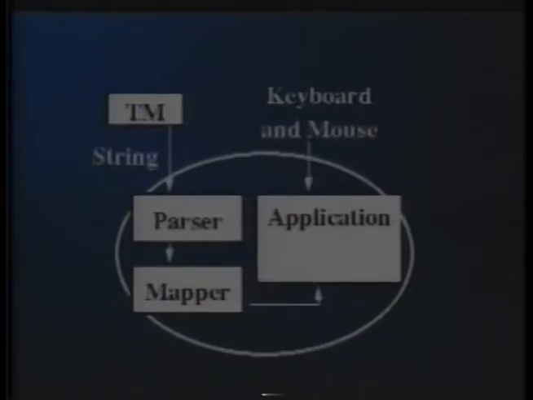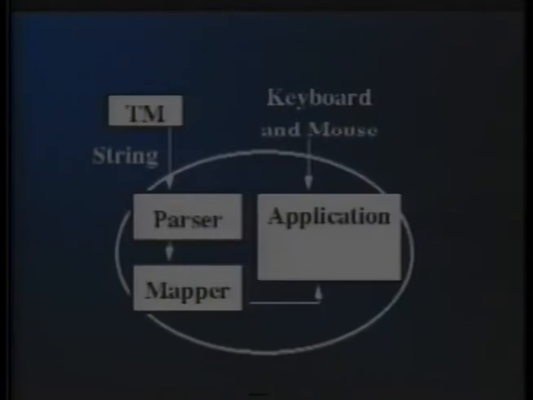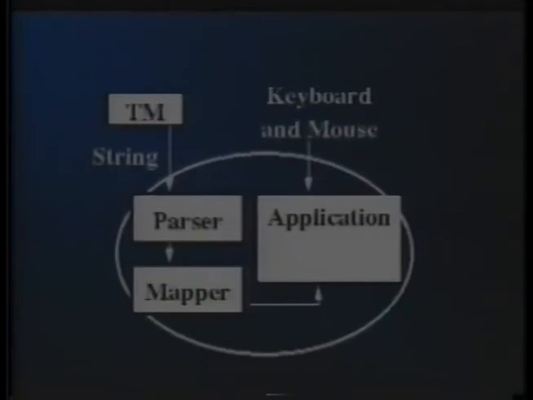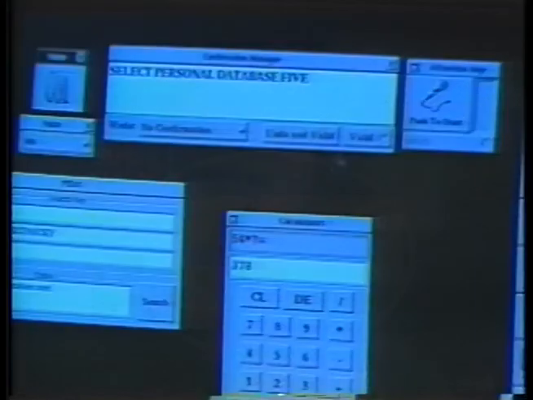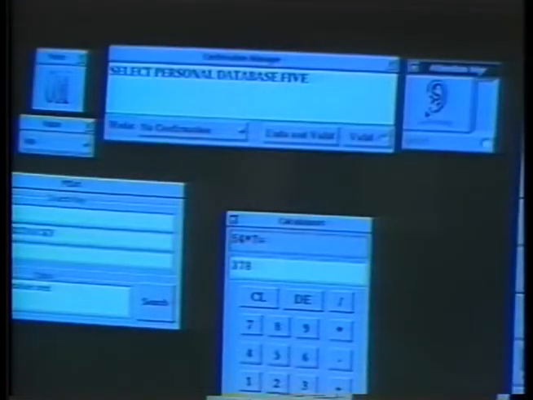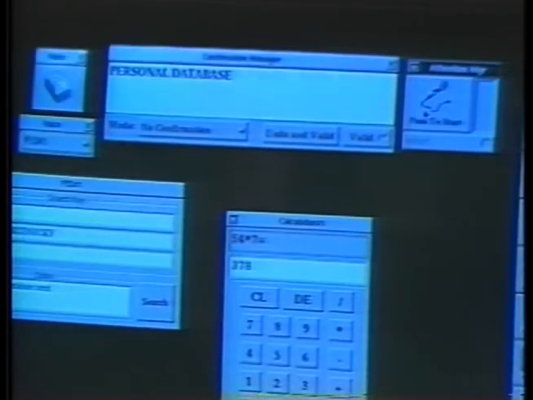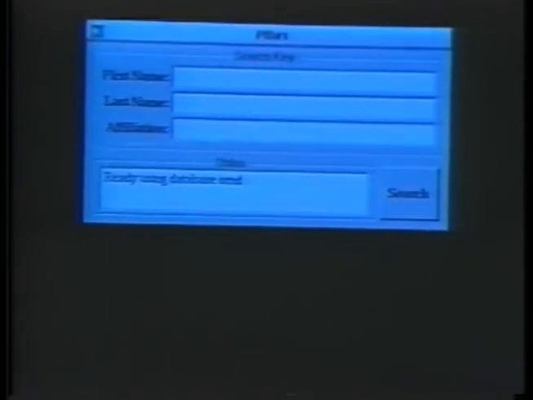The mapper transforms this frame into an application command and forwards it to the application. The keyboard and mouse events are sent directly to the application on a separate channel. In the case of voicemail and the personal information database, the mapper incorporates an interactive resolution component that allows the system to clarify ambiguities in the spoken input.